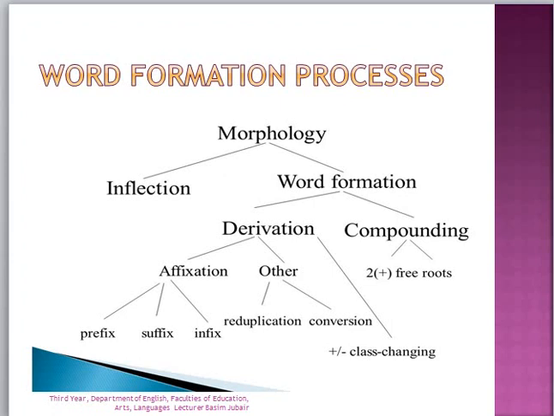According to our textbook, there are about 10 processes, and each of these processes can produce a certain type of words. All of them are dealt with in word formation, not in word inflection.